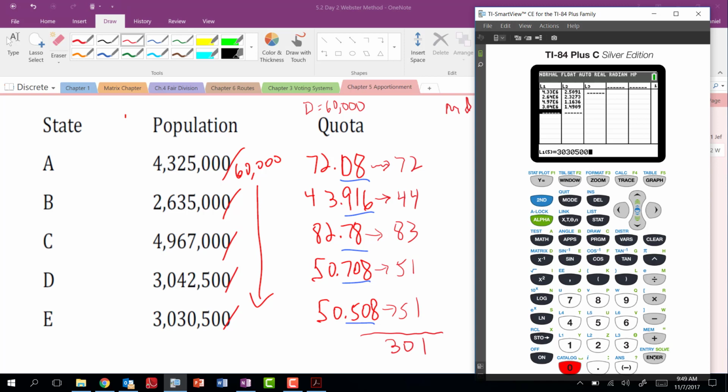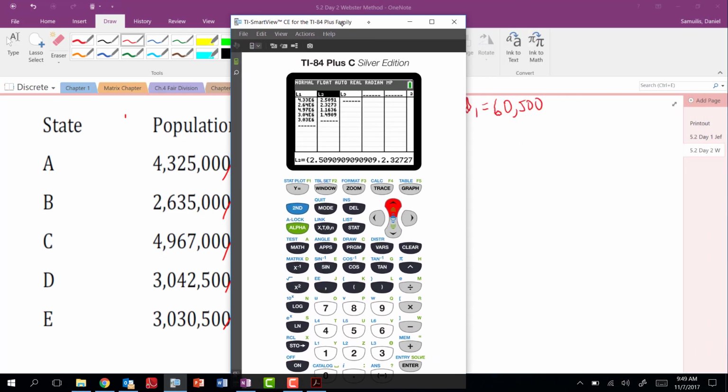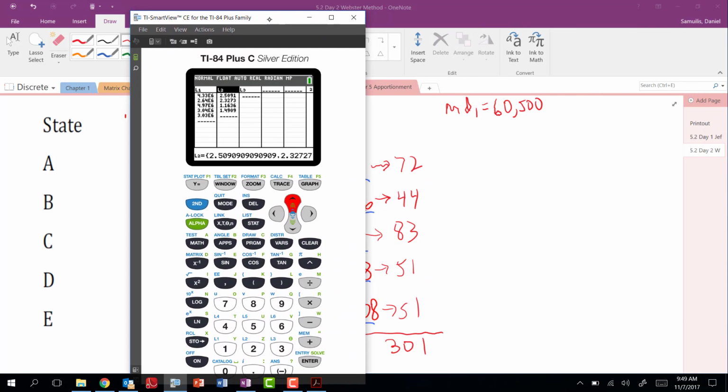Now I don't have to erase this. I just go up to L2 and actually divide it by that 60,500 that we said. L1 divided by 60,500.